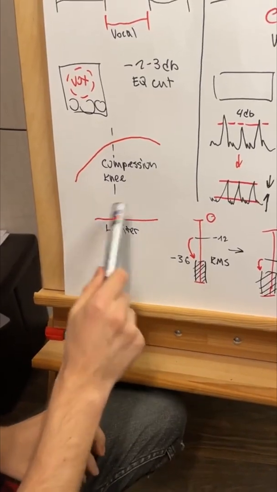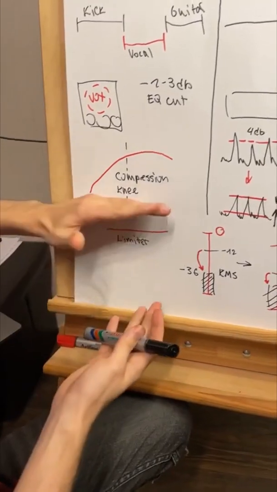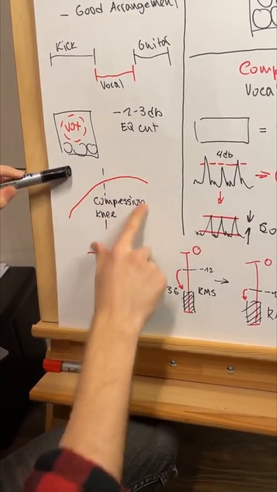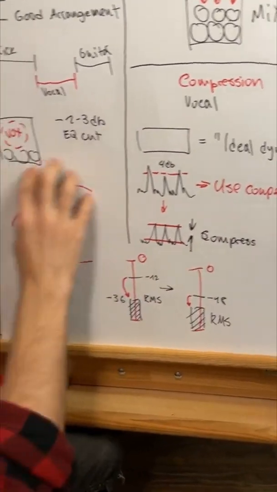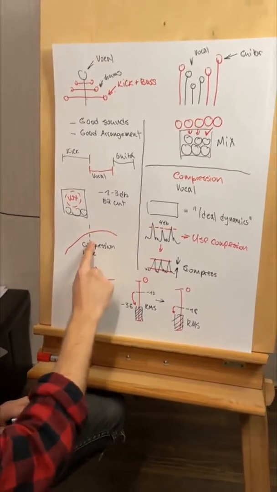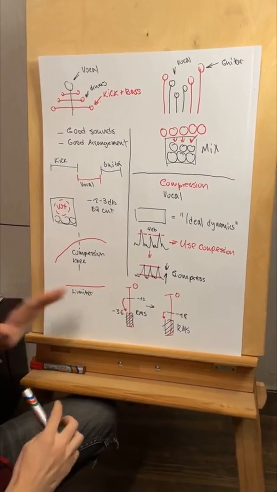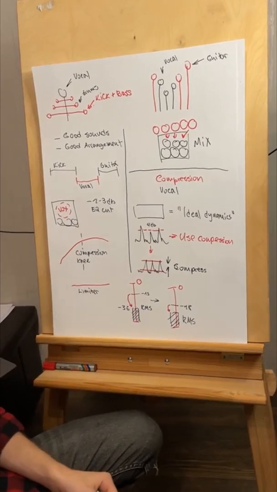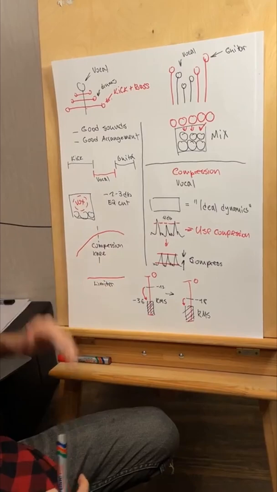A limiter is also a type of compressor, but it's a brick wall. Nothing can go through. With compression like I've shown you, the sound is not as heavily affected by the compression knee. But with the limiter, it's just like a brick wall. Okay, that's the difference. Maybe I didn't understand the peak limiting, but hopefully you can understand the difference between compression and the limiter.